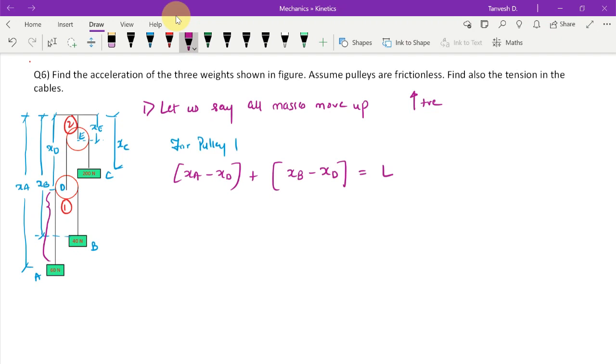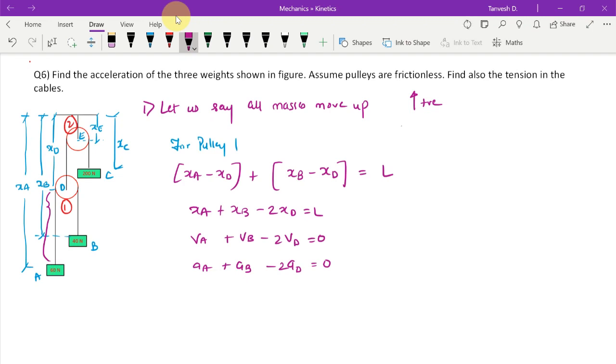Now, XA plus XB minus 2 times XD equals L. If I take the first time derivative, I'll get VA plus VB minus 2 times VD equals 0, and AA plus AB minus 2 times AD equals 0. This is what I'll get, right?